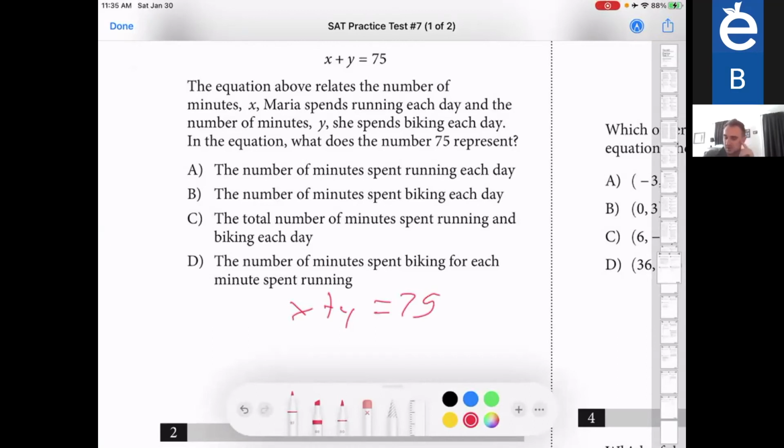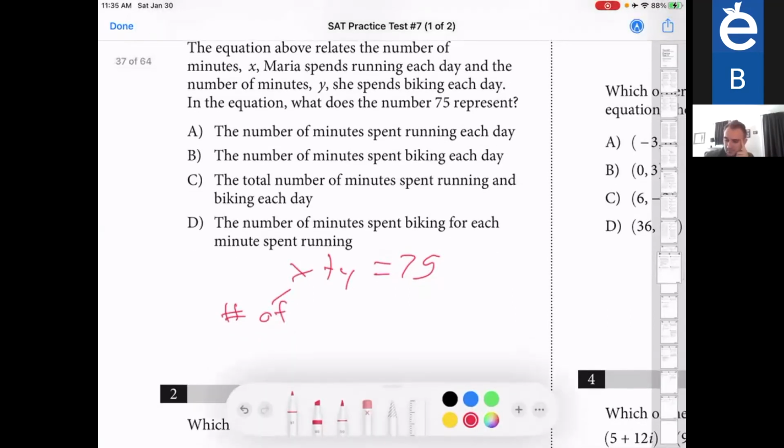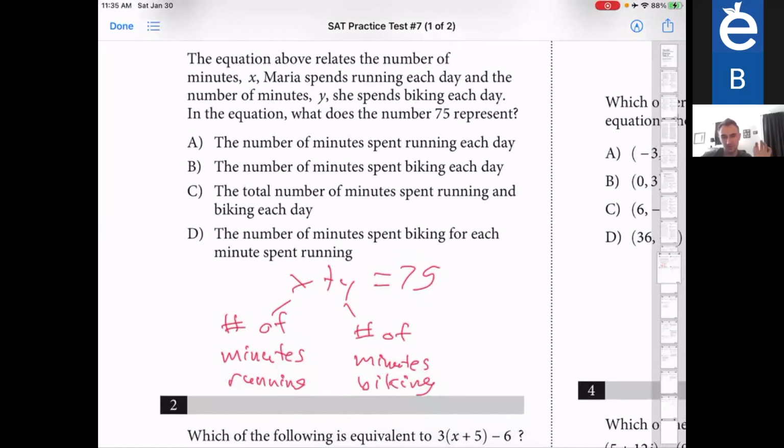They tell us the x term is the number of minutes running, and this y term would be the number of minutes biking. So this x plus y must be the sum total of it. It's the total number of minutes she runs plus the total number of minutes she bikes.